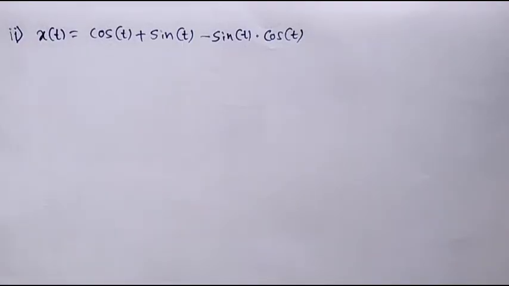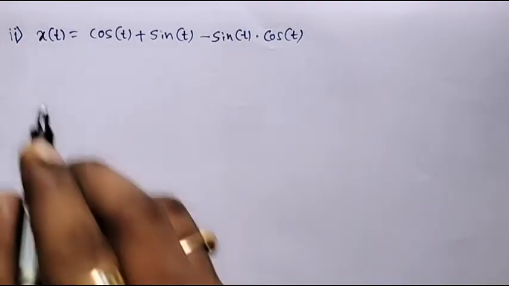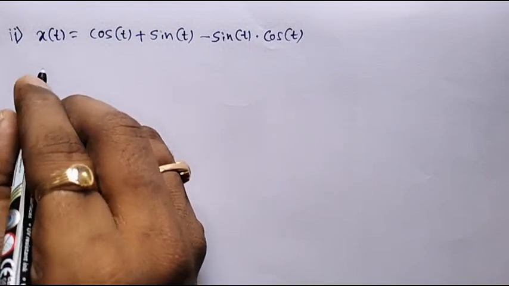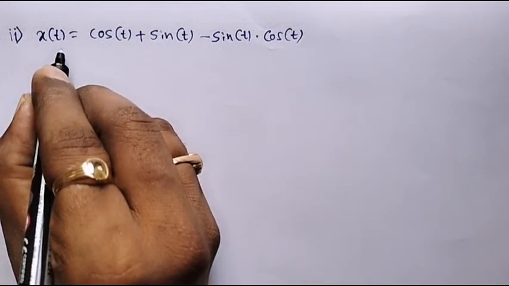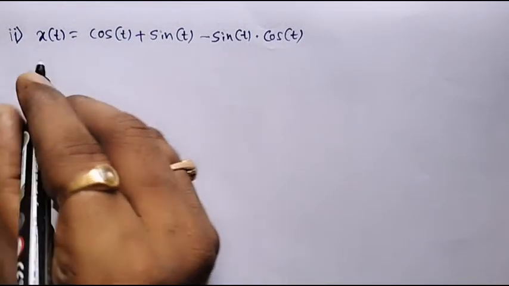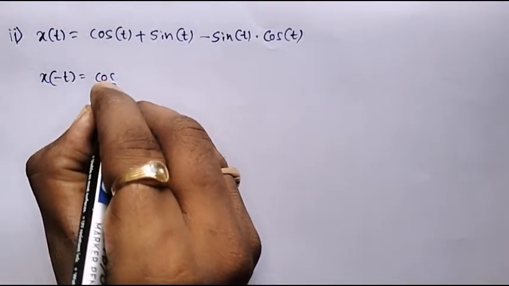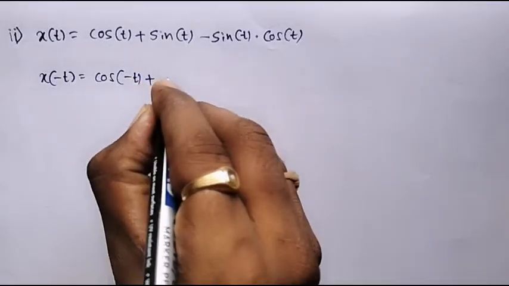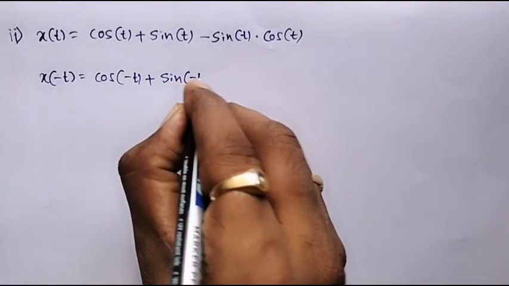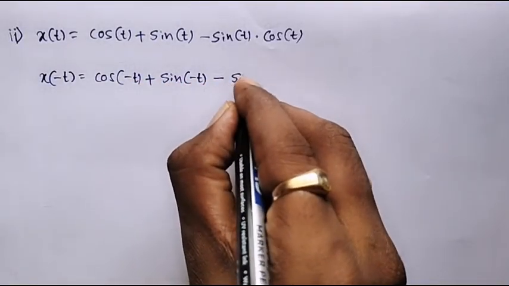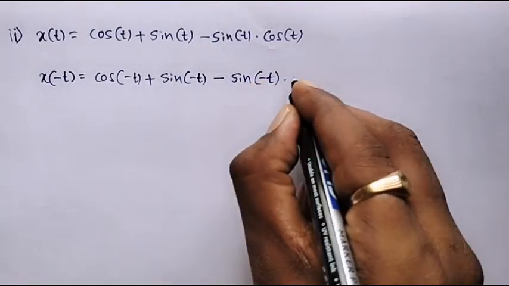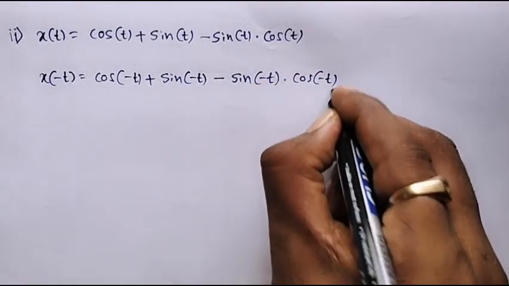To calculate even and odd part of the signal, we are supposed to calculate x of minus t first. X of minus t is calculated by replacing each t by minus t. That is, x of minus t is equal to cos minus t plus sin minus t minus sin of minus t into cos of minus t.